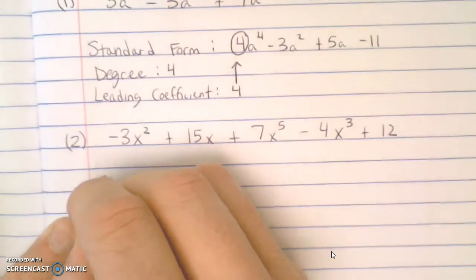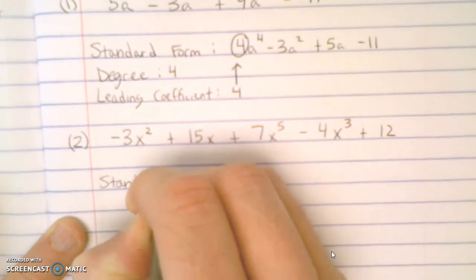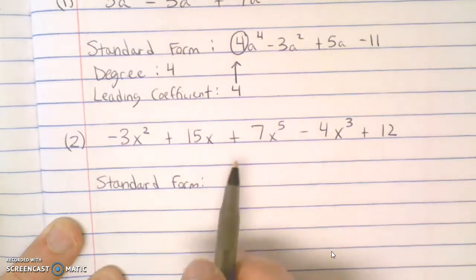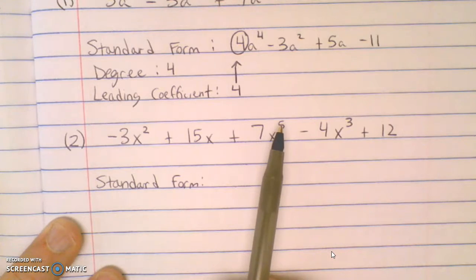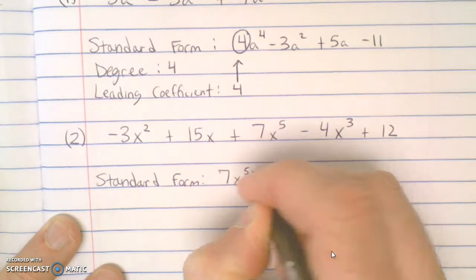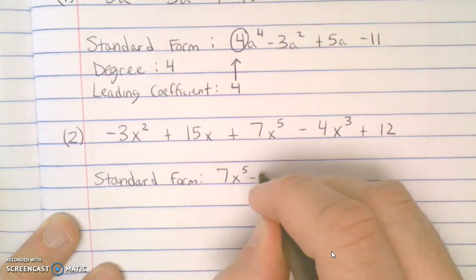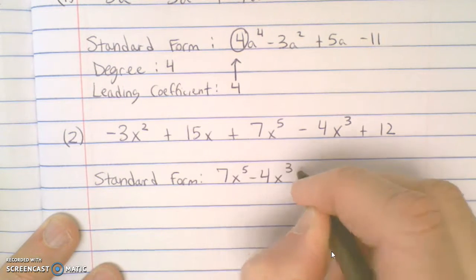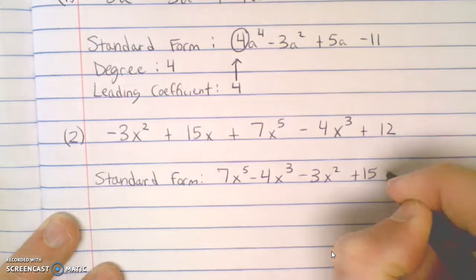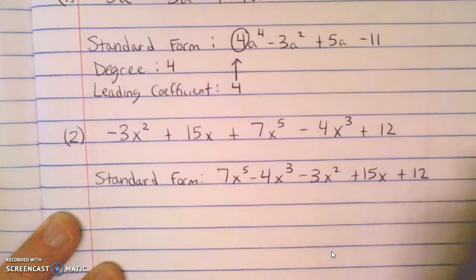Standard form. Put the exponents in order from highest to lowest. So the highest exponent here is 7x to the fifth. Then it's the x to the third. Remember, be careful of the sign in front. Then x squared, then x, and then no variable.